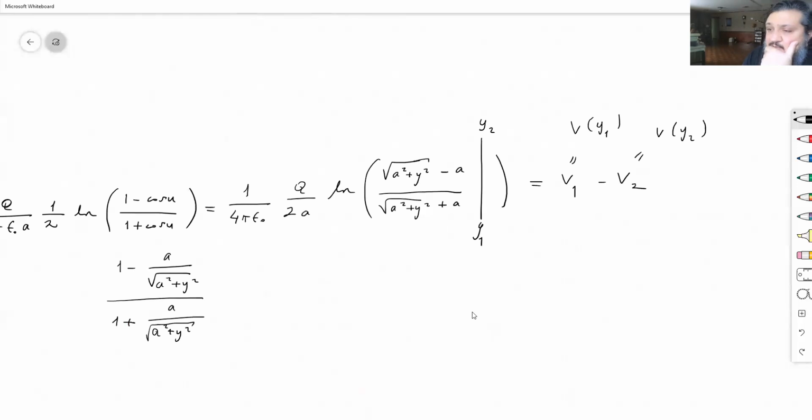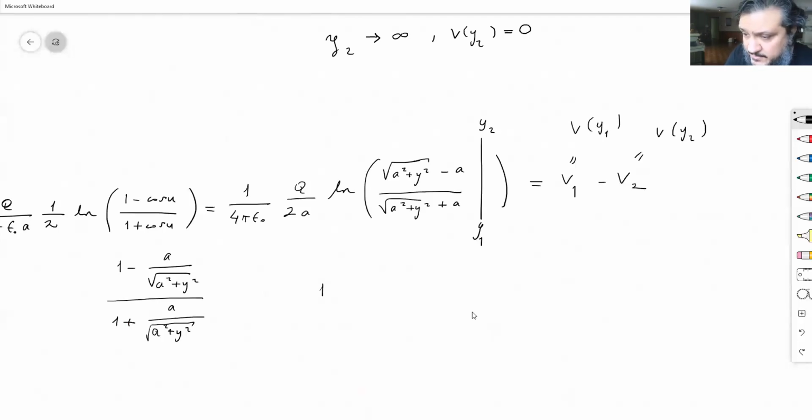I'm just going to plug those in here, and then I'm going to take y2 to infinity. Assume that when that happens, the potential is 0. Same idea with the point charges. That's what we did at the beginning. So I'm going to do the same thing here, and I'm going to replace y1 with just y. It's going to become a function of y.